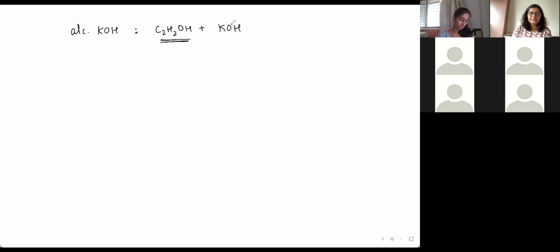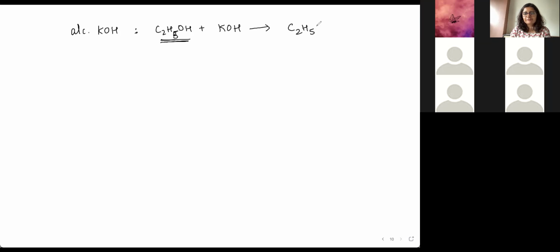The reason for this is when you mix both of these, this results in the formation of C2H5O minus, and you have K plus and H2O. So this is what kickstarts the whole reaction. This is an extremely strong base.